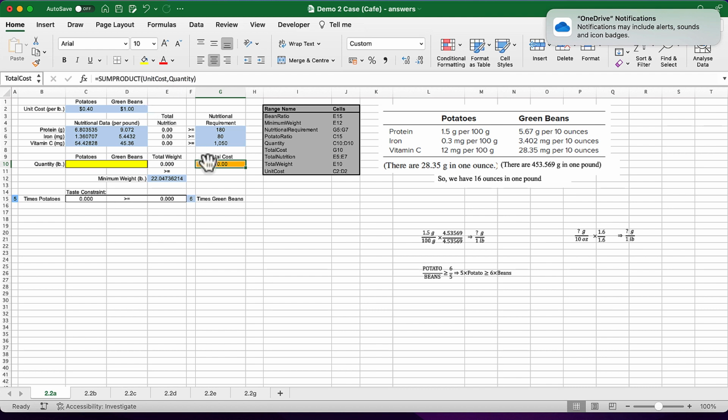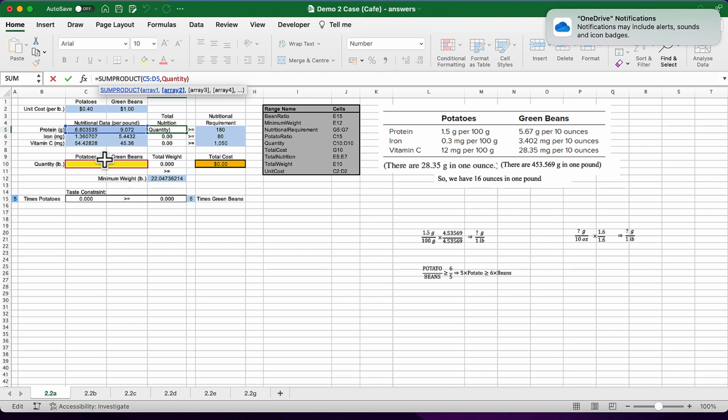Another example would be the benefit, which is the nutrition that's generated across all products, which is potato and green bean. In this case, we have the quantity for each item multiplied by the amount of benefit generated by each item. So just take note of that, and I'll leave the exercise to you.